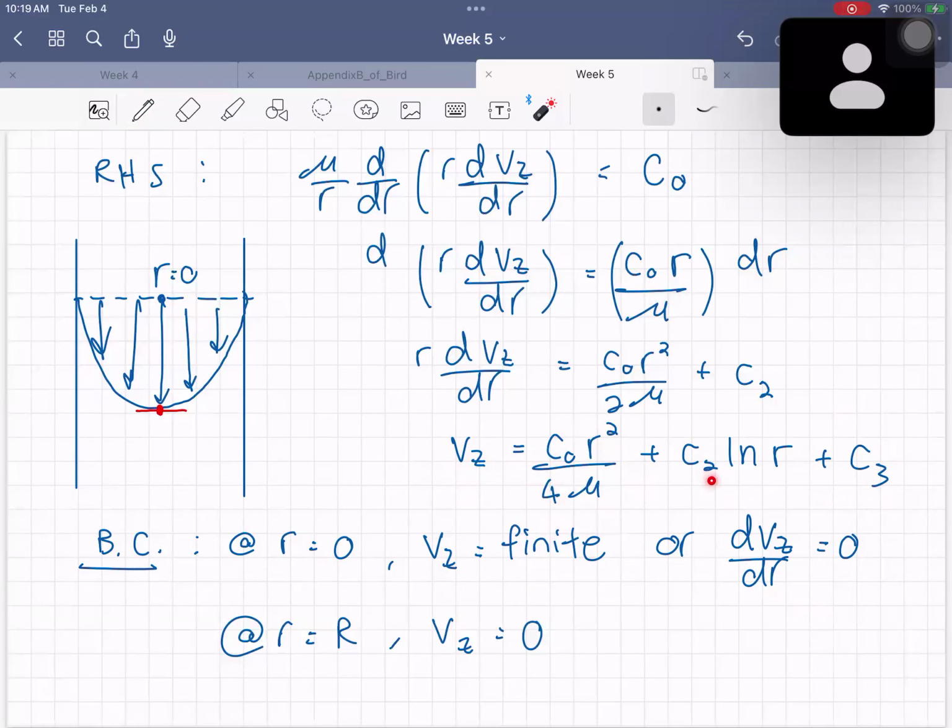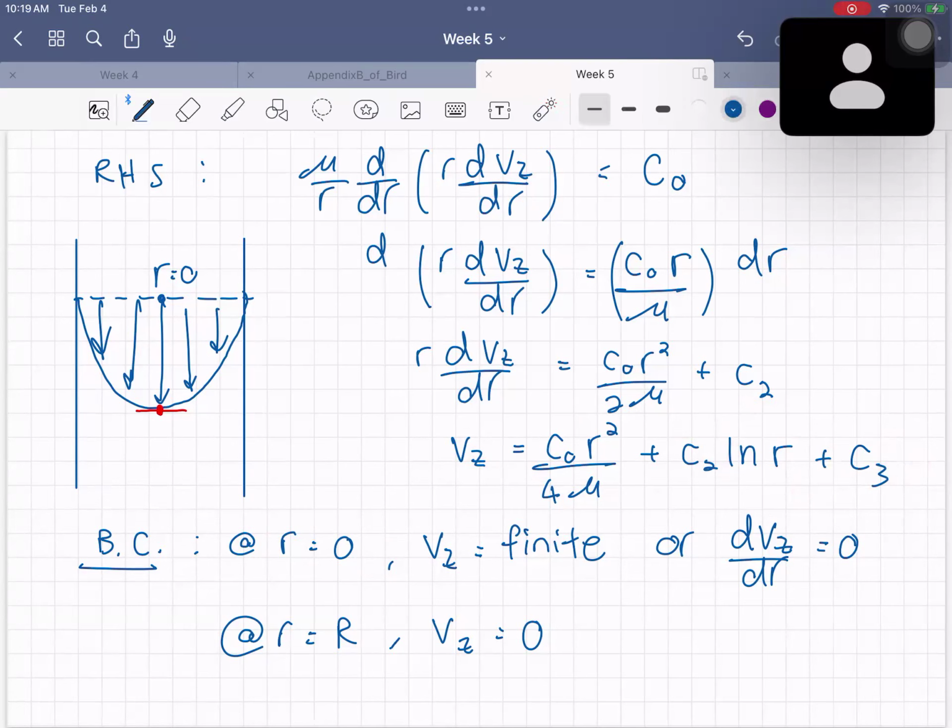Next term, C2 log 0. Really? Log 0, how much is it? It's not equal to 1. It's not equal to 0. Yeah, it's like infinite, right? You cannot define it. So if you substitute this boundary into this equation, you won't be able to solve it, and you won't be able to know C2 and C3.